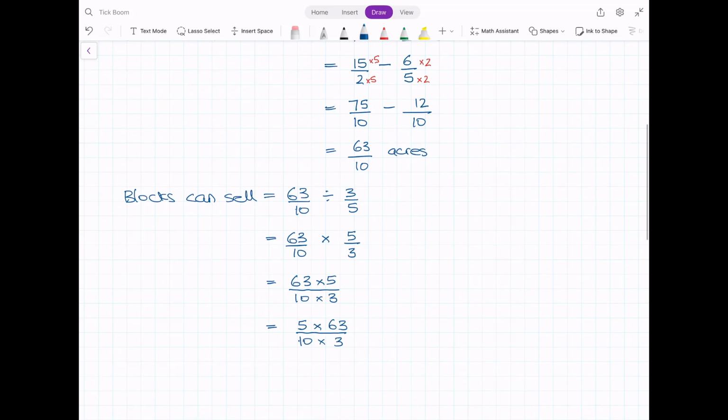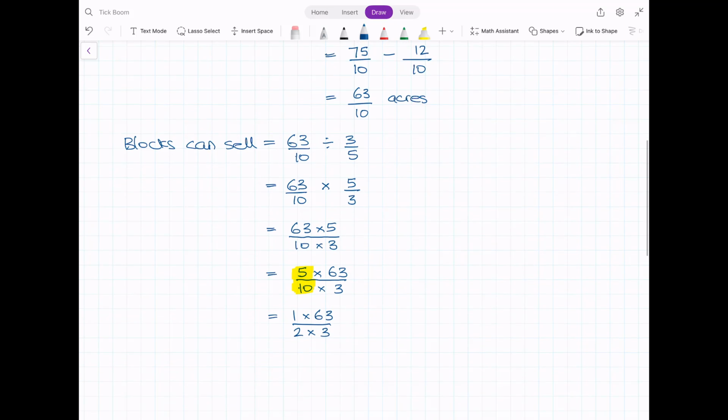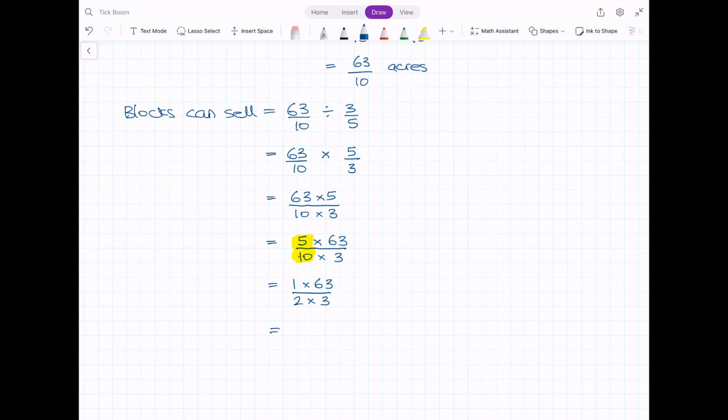And we can think first, in breaking this down, about the 5 over 10. And think of that fraction, because we know that 5 goes into 5 once and into 10 twice. So really this can become 1 times 63 over 2 times 3. And 1 times 63 is just 63. 2 times 3 is 6.